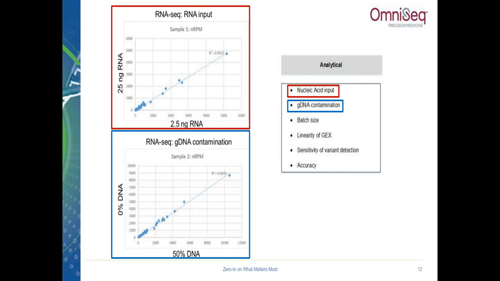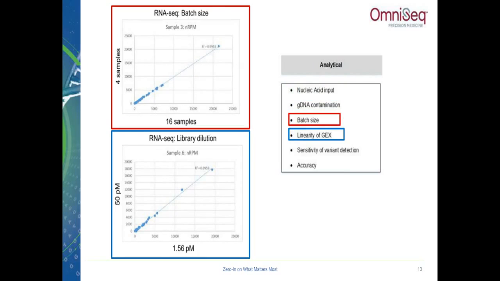If we move on to batch size, it is so important because in most laboratories, any time you do this assay, you're going to run it probably once a week or once every other week, but you need to know, am I going to run this with 2 samples or 16 samples or 4 samples? And we demonstrated that it really didn't matter.